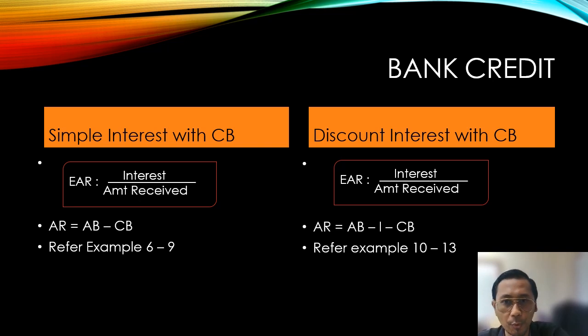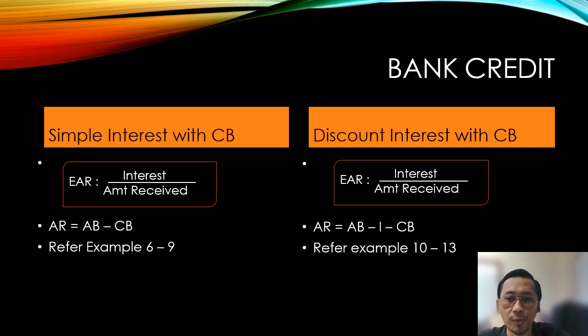Banks may require borrowers to maintain compensating balances in their bank account throughout the period of the loan. This will increase the effective cost of interest unless the firm has cash equal to or greater than the required balance to cover the compensating balance. So this will be the formula to calculate the effective annual rate when you are using simple interest or discount interest with compensating balance.